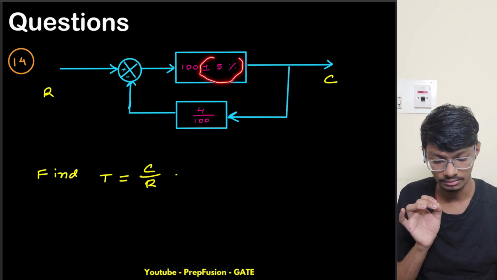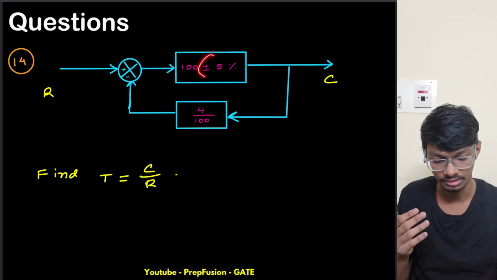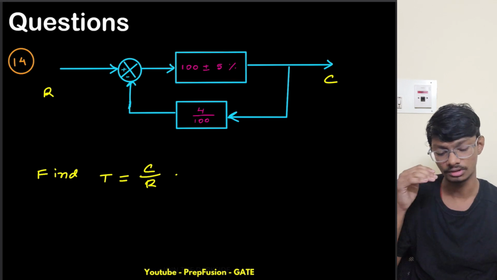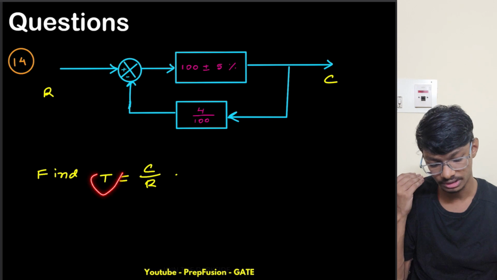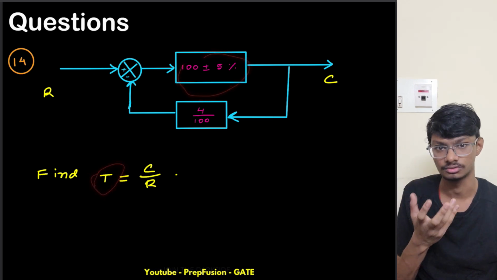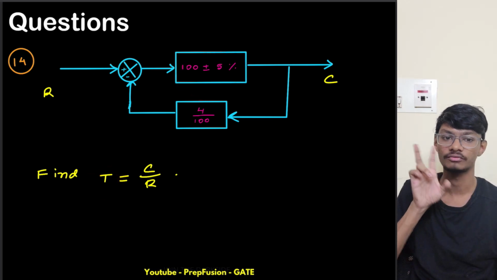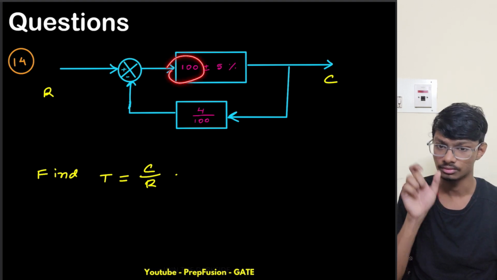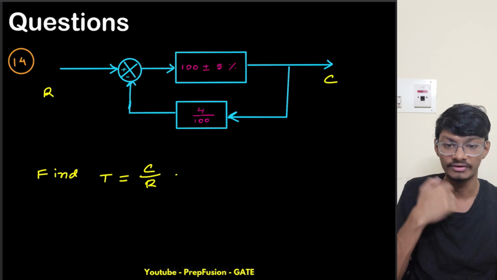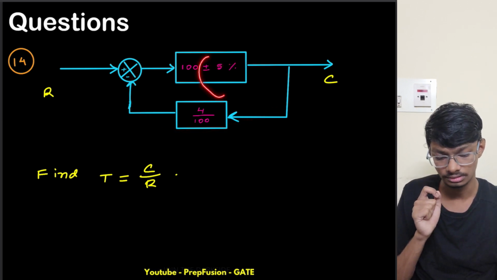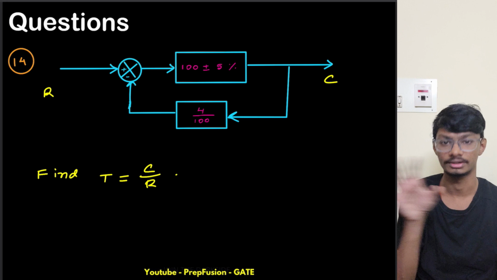We have been given the variation of the open loop forward path gain, hence we have to find the variation of this transfer function with respect to this variation also. So we need to find two things: one is the normal closed loop transfer function, then we have to find the sensitivity. Then only can we write the whole transfer function.